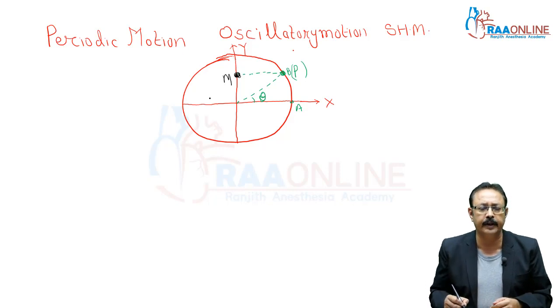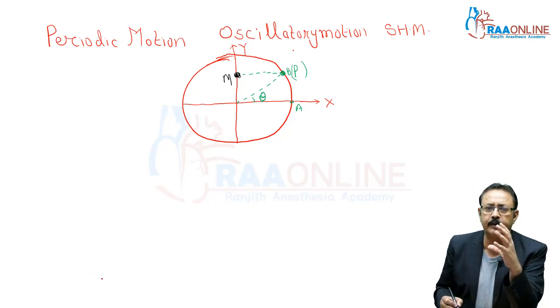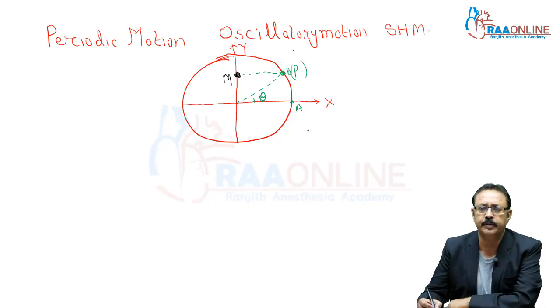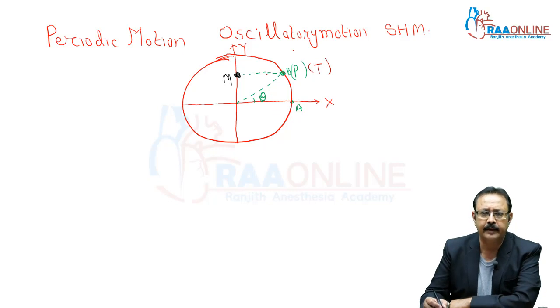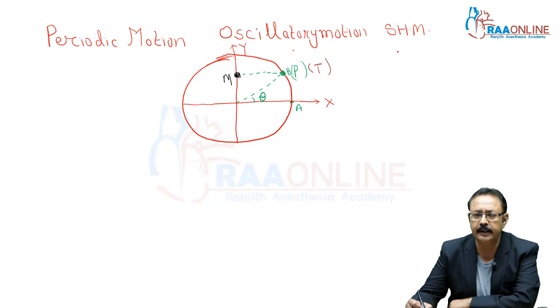Particle P is moving in a circle with a constant angular speed, means it is completing one circle in a fixed time. Suppose its time period is T. In T seconds, if it started from A, again it will reach A. One complete circle means in T seconds it is moving an angle 2 pi.